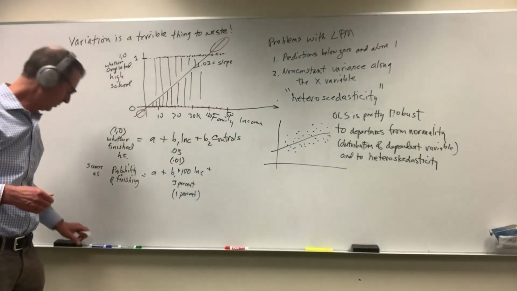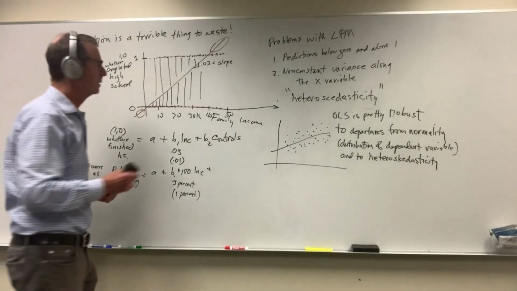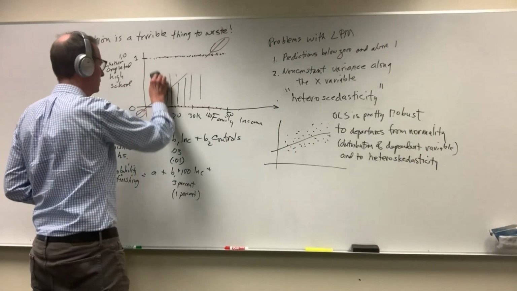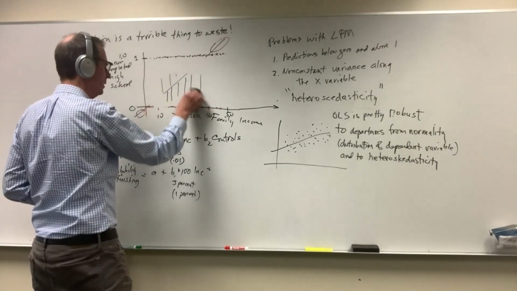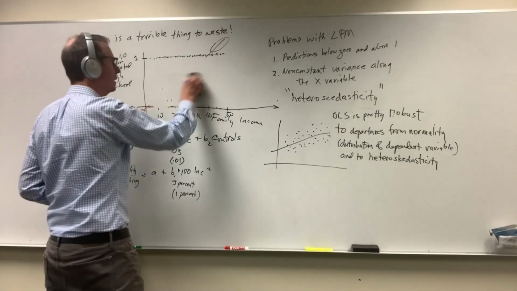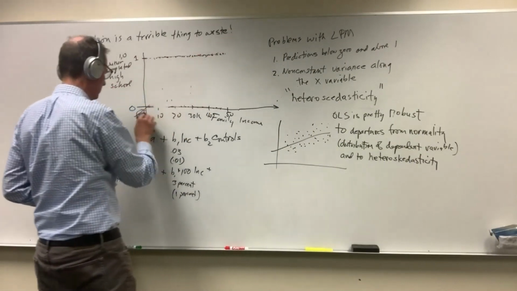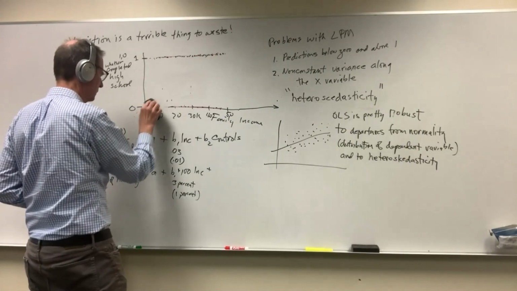So to think about logistic regression, let's erase some of these things. Get back to our scatter of points. That's what we're stuck with.